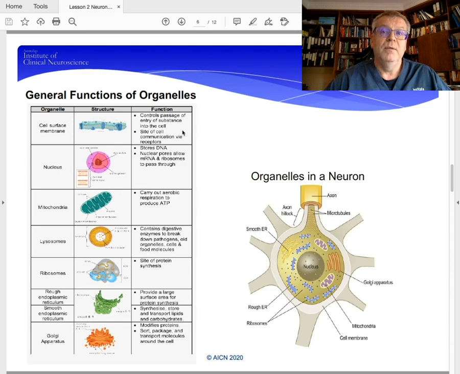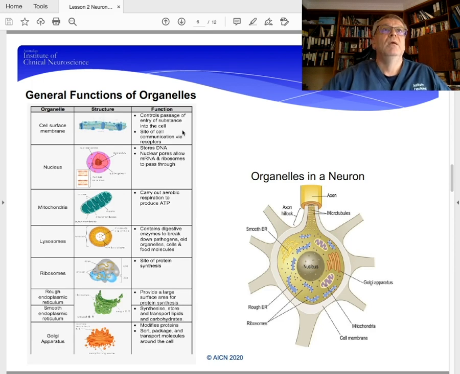So remember those glycoproteins and those glycolipids that we talked about that were on the surface of the cell? A lot of those are intimately involved in receptive functions. So receptors for hormones, receptors for neurotransmitters, a lot of very important things.